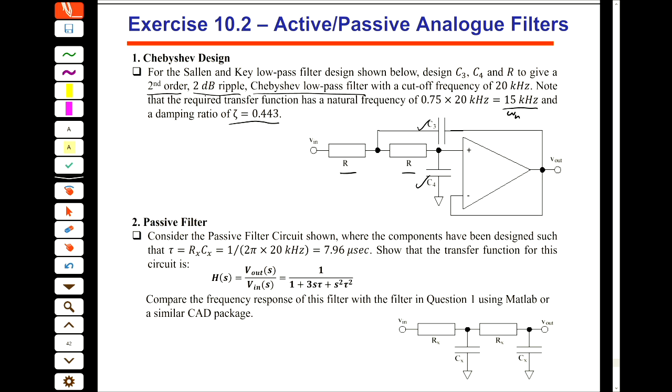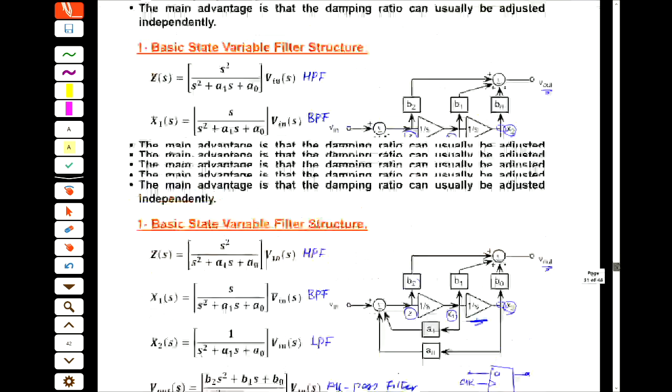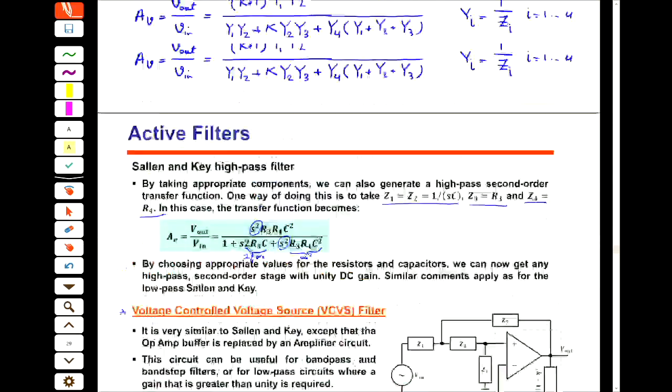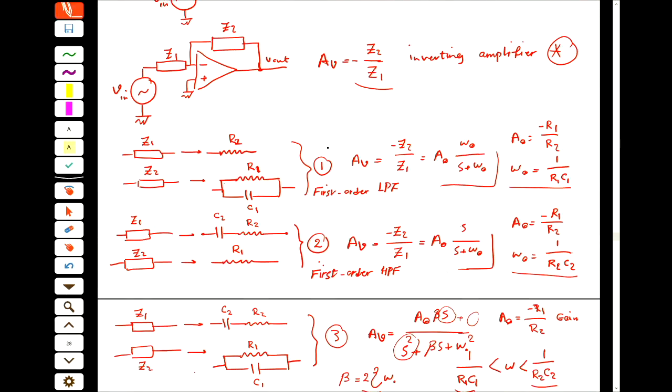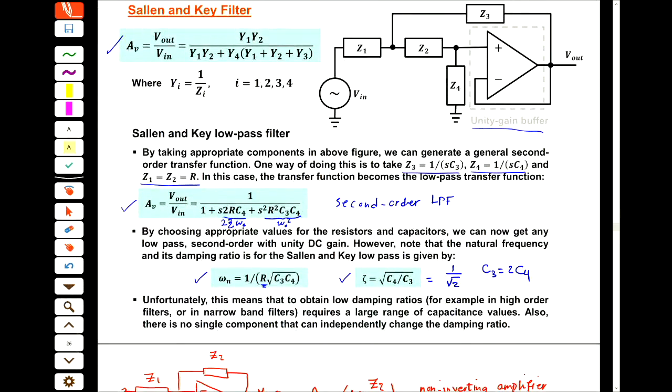If you remember from the Sallen-Key, when we write down the transfer function, we reach a second order transfer function, and based on that the zeta is the square root of C4 divided by C3, and the omega n is 1 divided by R square root of C3 C4.